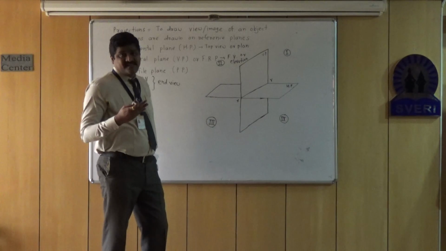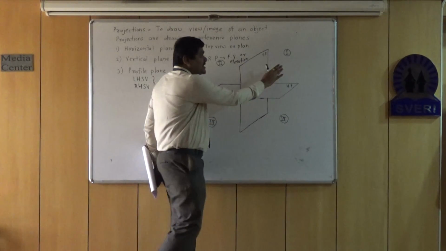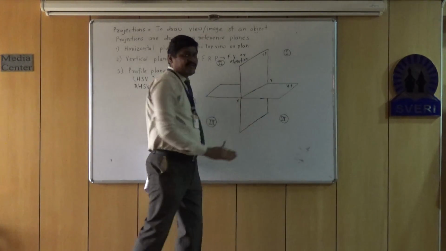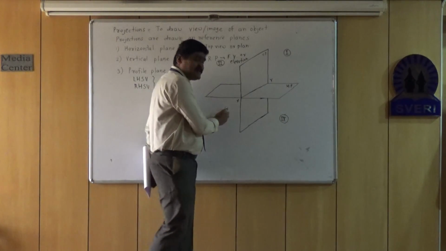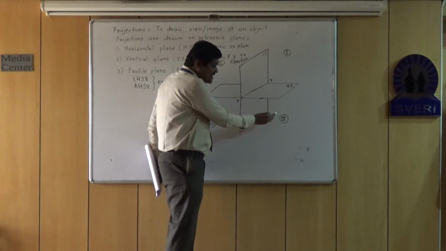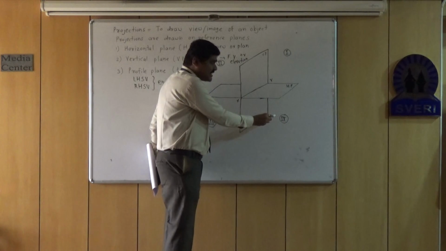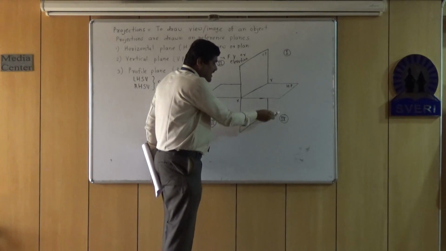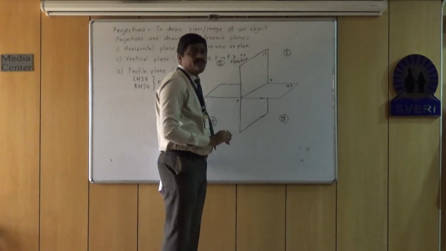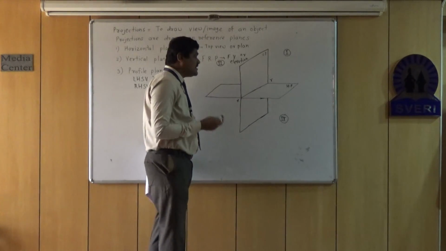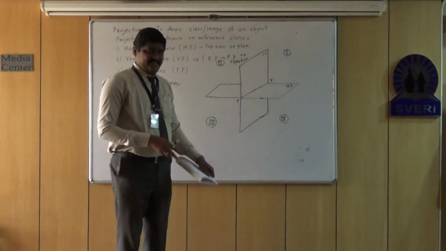But as per our syllabus, we are going to prefer the first angle method of projection. And finally, an object in the fourth quadrant can be described as below HP and in front of VP. So this is regarding the quadrant system.